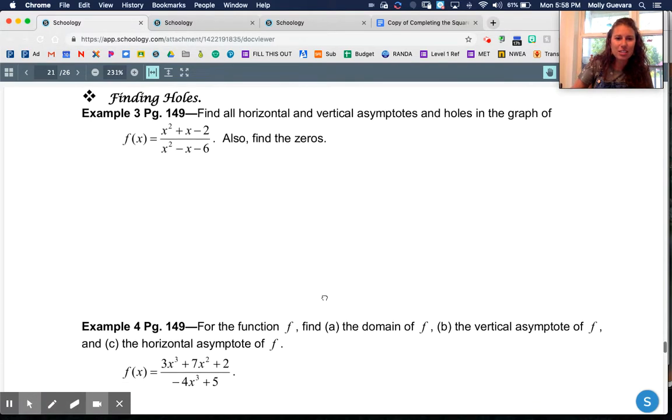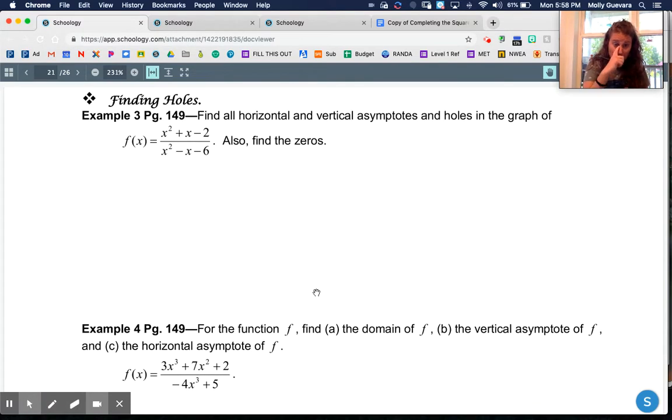Okay, let's look at example 3. Example 3 says find all horizontal and vertical asymptotes, the holes, and then also find the zeros. So a lot going on here. First thing I always need to do, factor. If you don't know how to factor, you're going to be in big trouble on this section, okay?